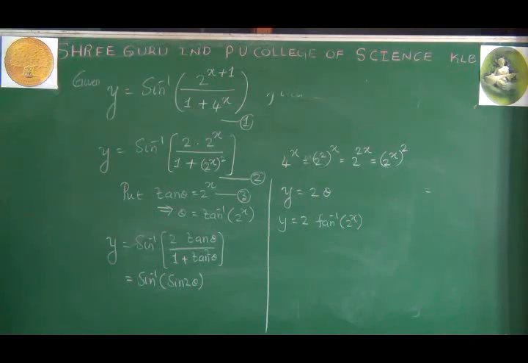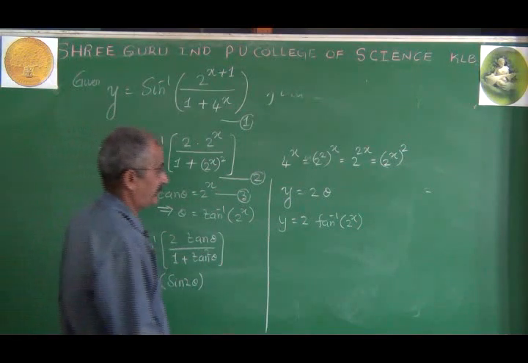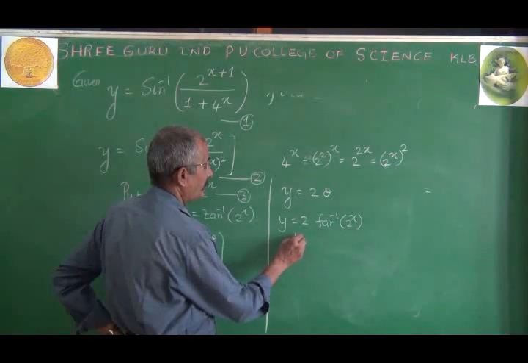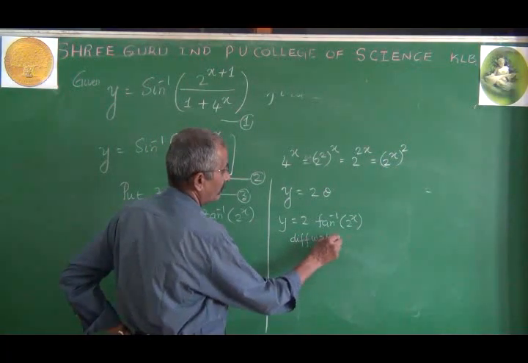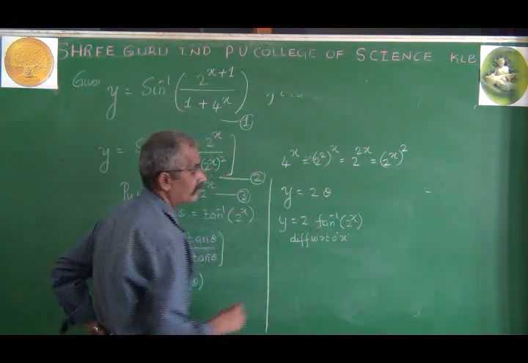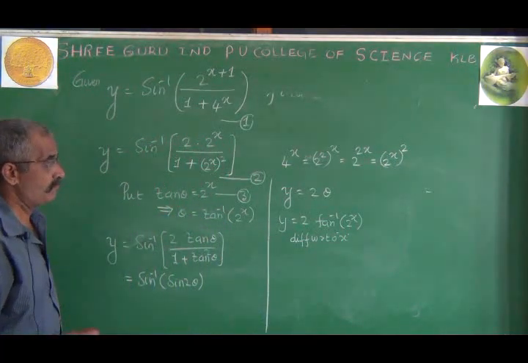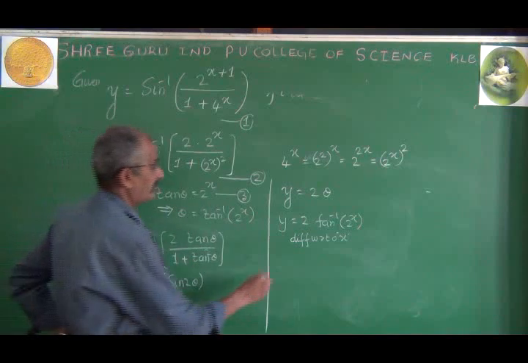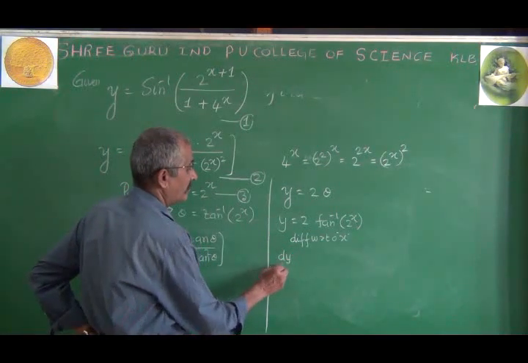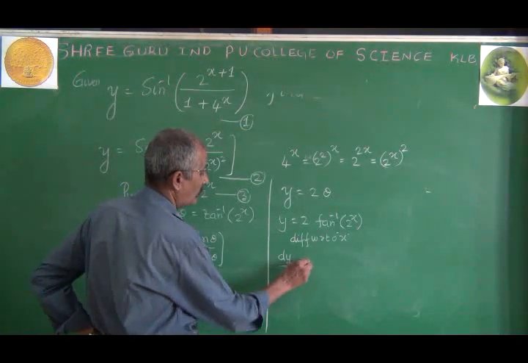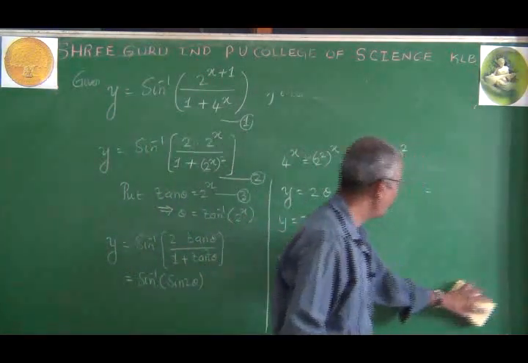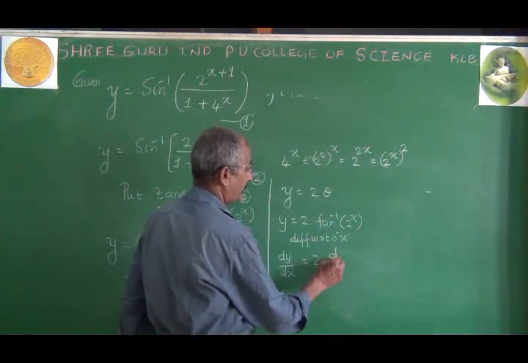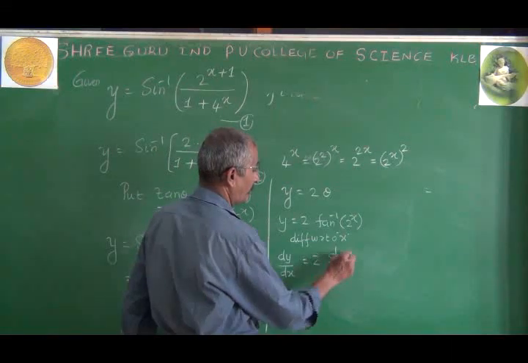This is the result we have got, now we shall differentiate. On differentiating with respect to x, left side dy by dx; right side, 2 outside because it is a multiplying constant, into the differentiation of tan inverse of 2 power x.